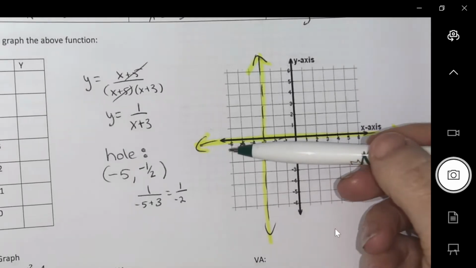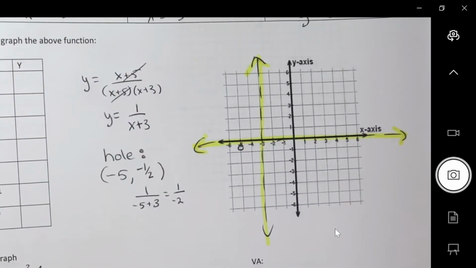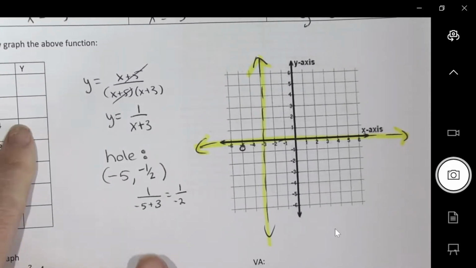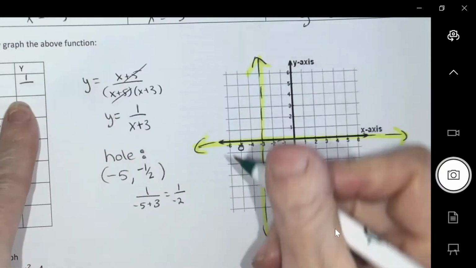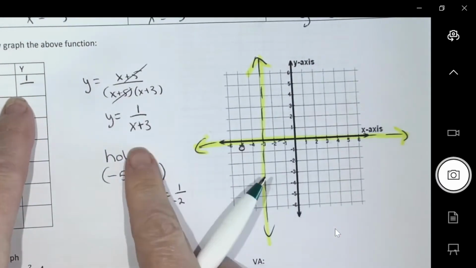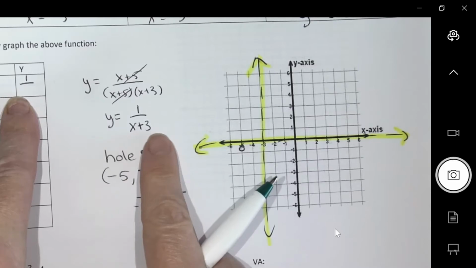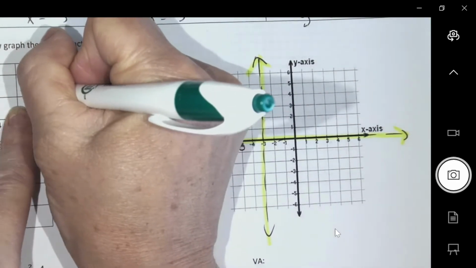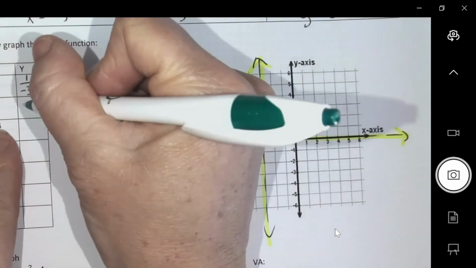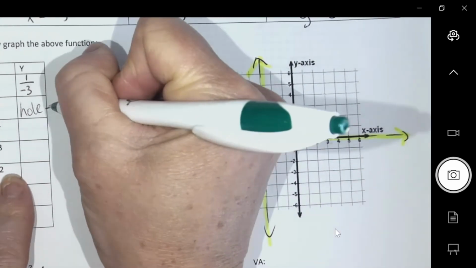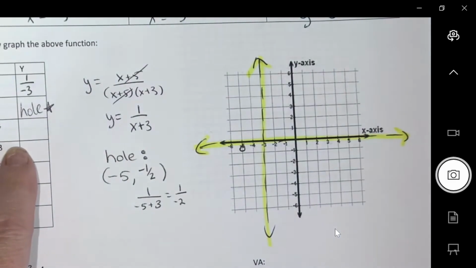Let's do a negative 6 and a negative 4, and then once we have a few points, we've got the shape. Okay, can you plug a negative 6 into this? 1 over, what is negative 6 plus 3? Negative 3. We already did this one. That was the hole.